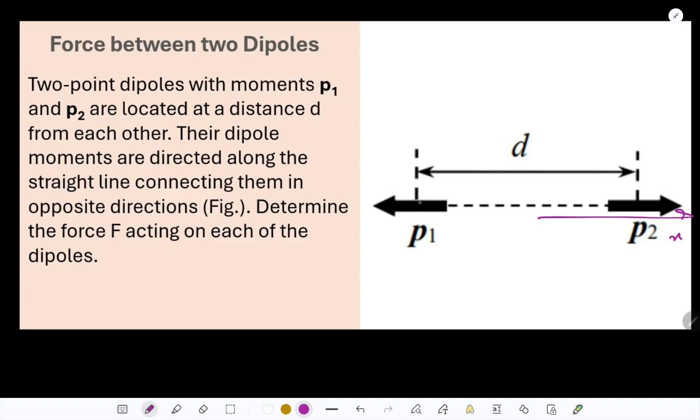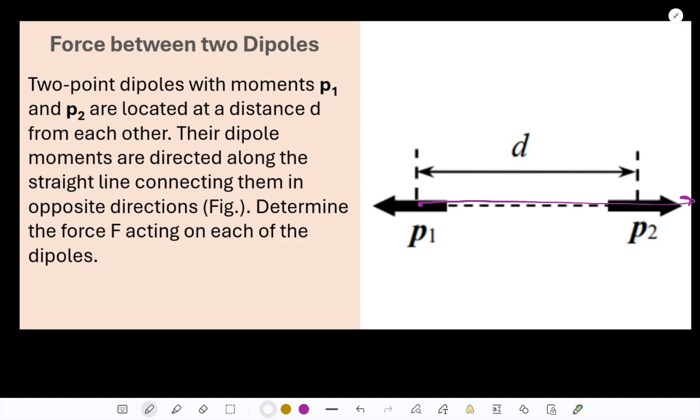I would like to place the origin of the x-axis on the location of dipole 1, the first dipole, which has dipole moment P1. And now the force acting on the dipole moment P2, we need to find it.